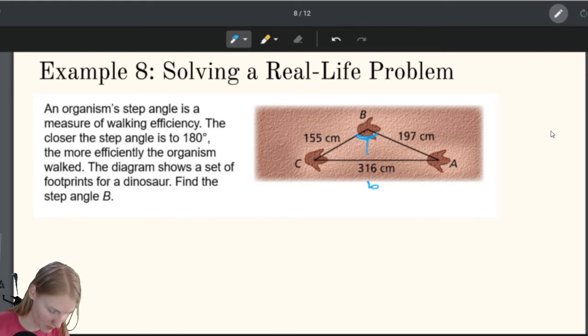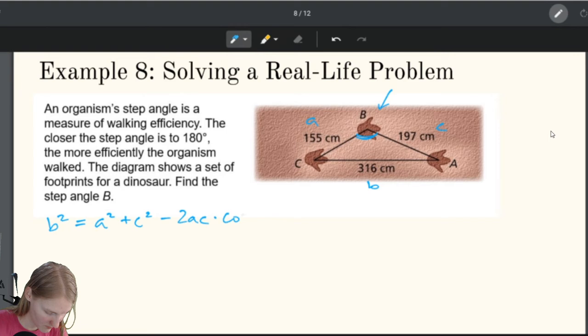The side opposite B is B. The side opposite angle C is C. And the side opposite angle A is A. Now, because I'm looking for angle B, I'm going to use the law of cosines formula: B squared equals A squared plus C squared minus 2AC times cosine of B.